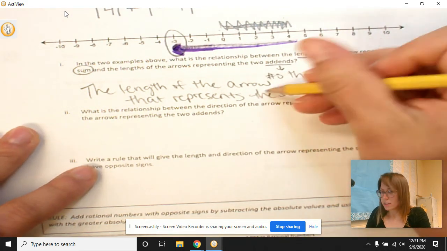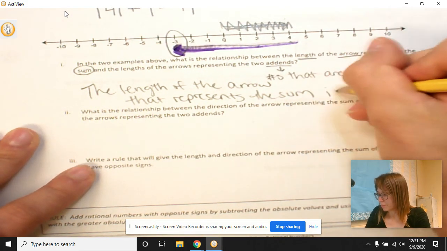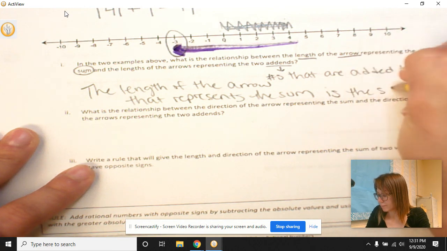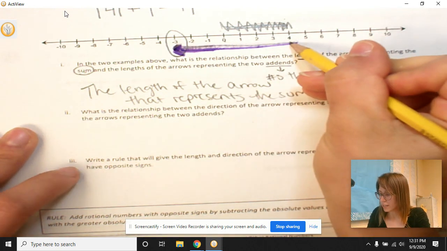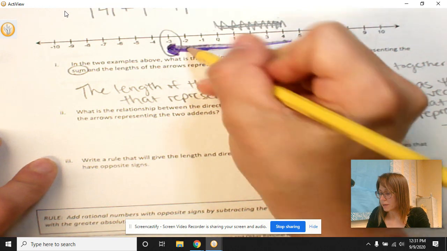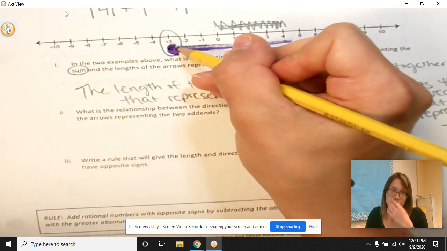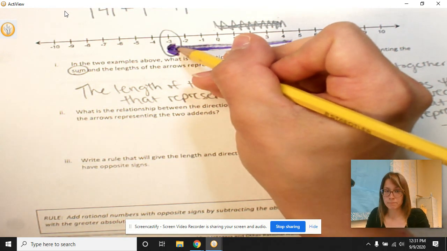So the length of the arrow that represents the sum is the same as the vector that represents -7. Because that's what I did right here. When I got to 4, I added my -7 and I ended up going back to -3, which is my sum.